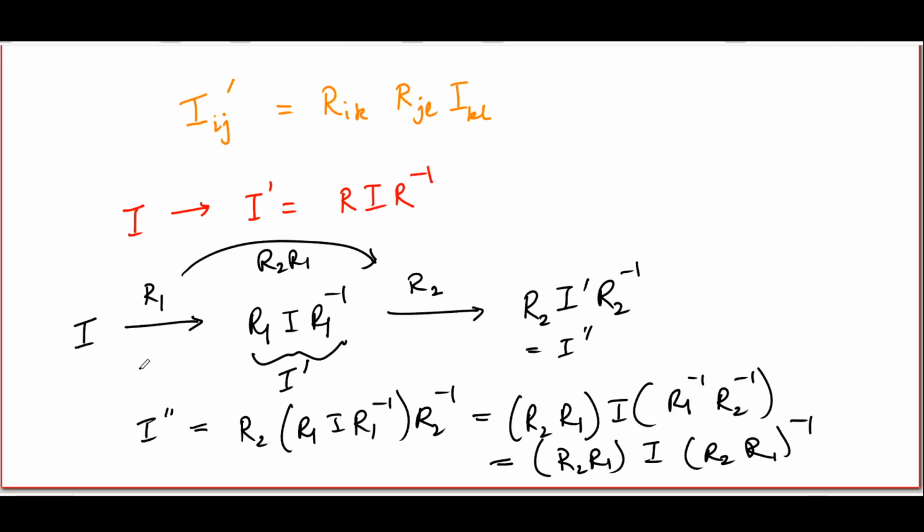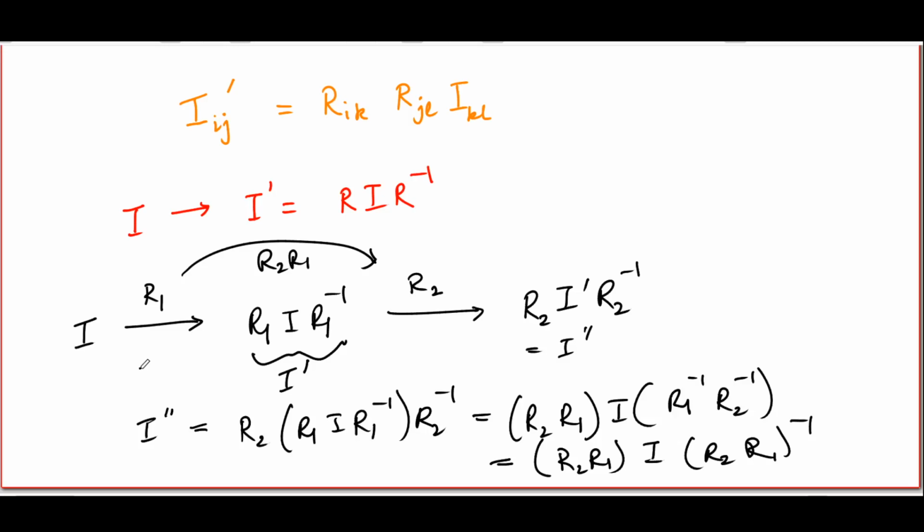But we can also show this more directly by writing down the relationship I prime ij equal to R_ik R_jl I_kl in the form of a matrix T acting on a column vector which has all the I elements. So firstly, let us think about the column vector which contains all the I elements.